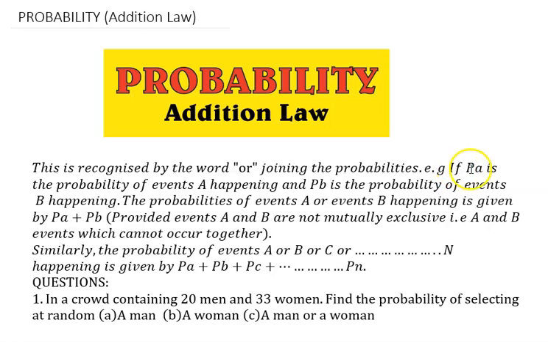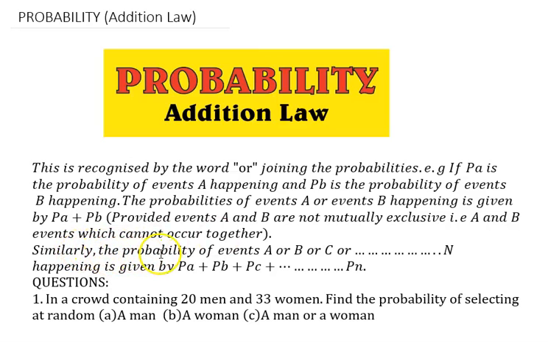For example, if P(A) is the probability of event A happening and P(B) is the probability of event B happening, the probability of event A or event B happening is given by P(A) plus P(B). That is the addition. Whenever you say "or", it means you are adding, provided events A and B are not mutually exclusive, that is, A and B are not events which cannot occur together.